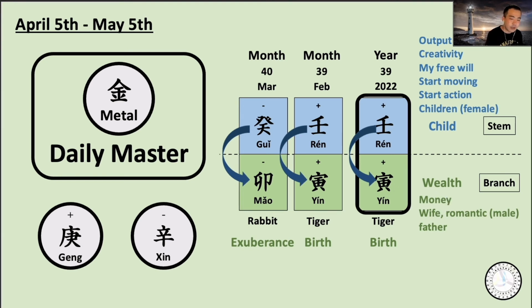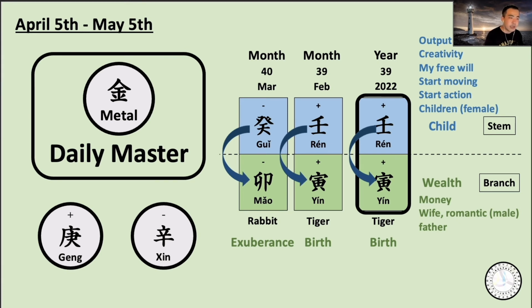And if the metal daily master is female, this could be children, right? Water is children. So it is important for her to see my children growing, children going forward. Water is going forward to the wood. So the mind is that I will support my child's output. I will support what my child wants to do.